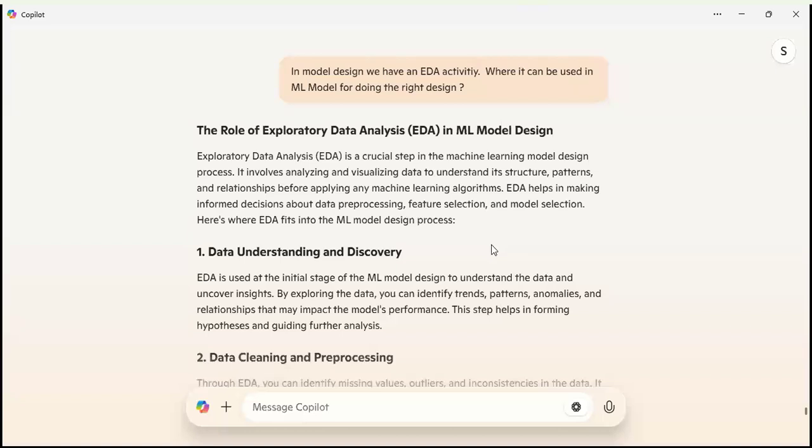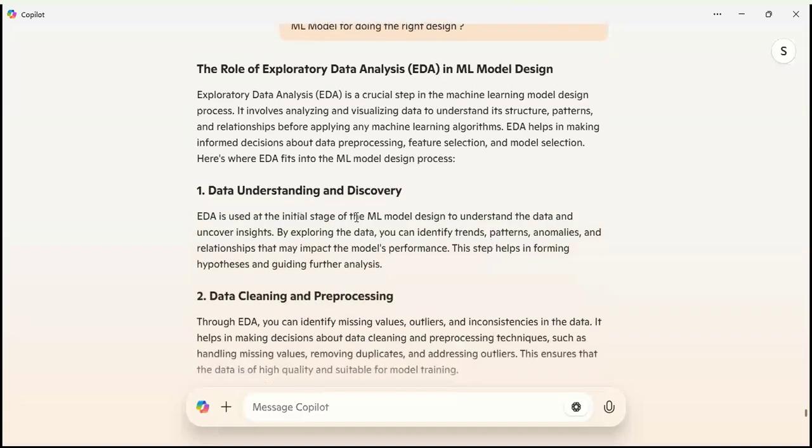In data understanding and discovery, EDA is used at the initial stage of ML model design to understand the data and uncover insights. Initial stage of ML model design means exploring the data. You are going to identify the data and prepare the data.